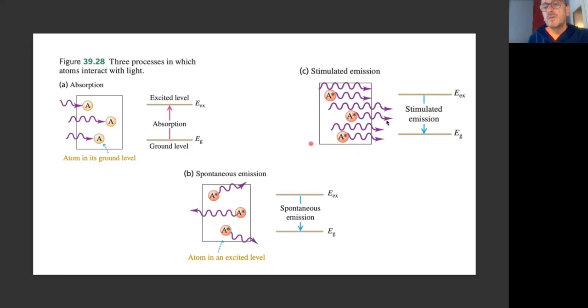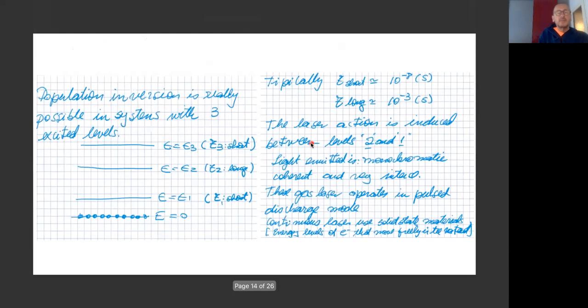So this is the phenomenon that I need to actually create a laser. That's a laser, essentially. So how do we make something like this happen? You need some sort of engineering, and you need to select a system that will actually work like this.